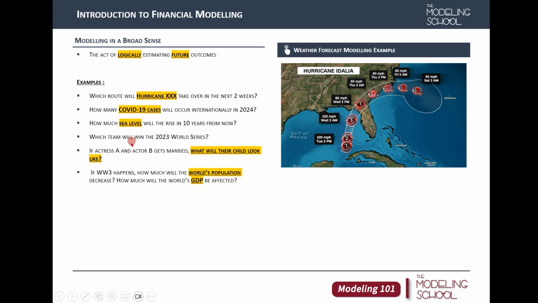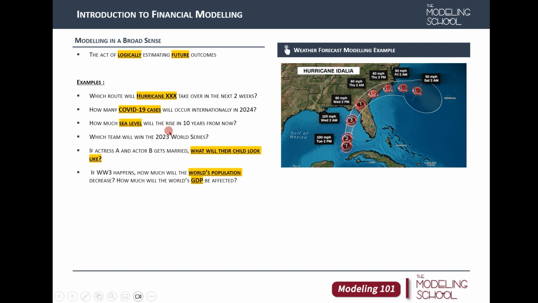Which team will win the 2023 World Series, or the 2025 World Series actually? Well, if you're a sports fan, there are many sports that are predictable, and some of the sports are very unpredictable, but many people say that baseball is one of the sports that rely a lot on numbers and past analyses.